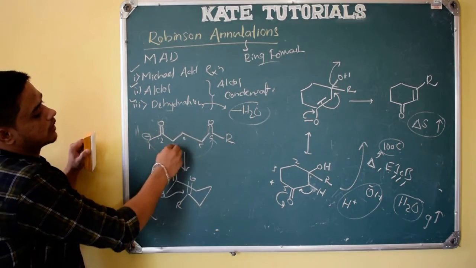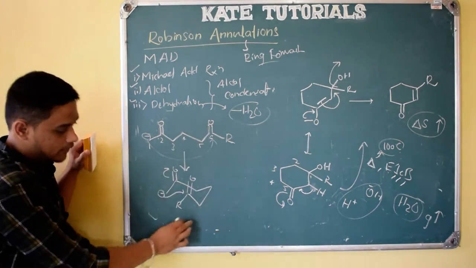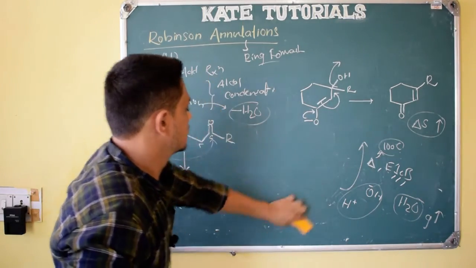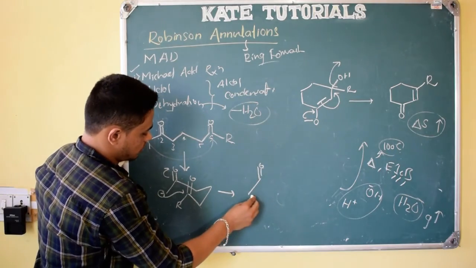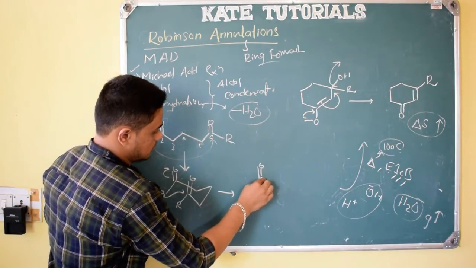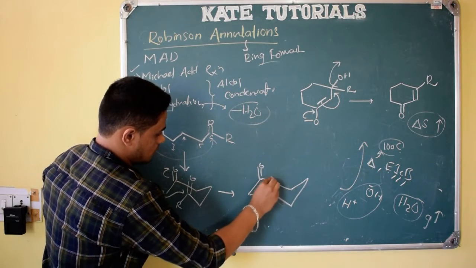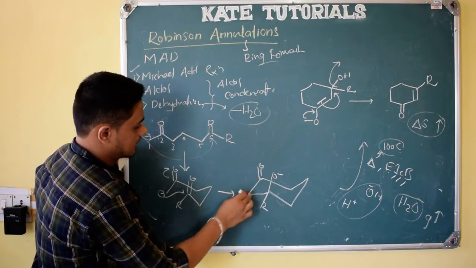Instead of writing it in a long open form, if you write it in cyclic form, we will get this structure, a 6-membered transition state. So what happens? The O minus comes here, R is as usual.